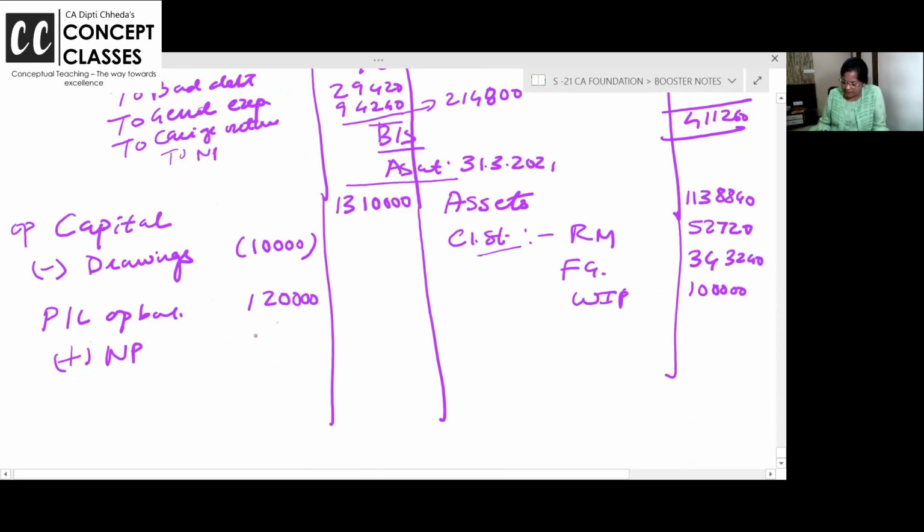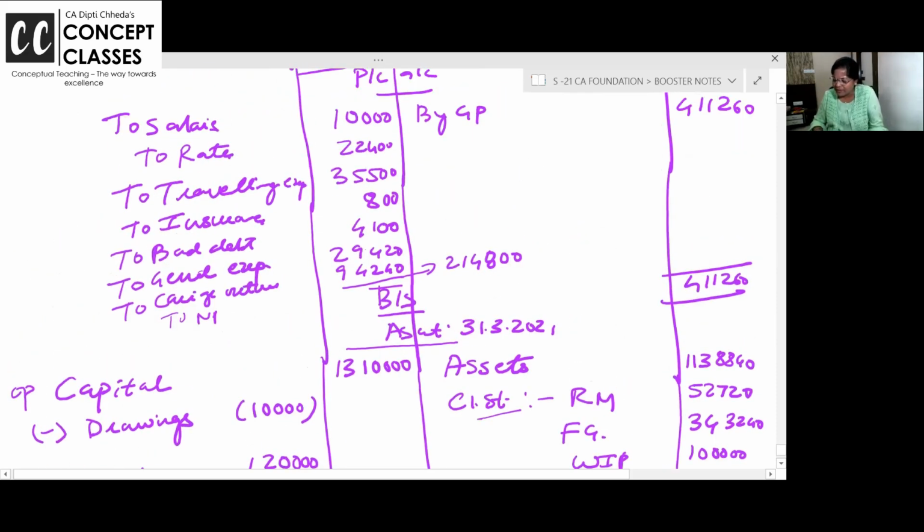Net profit is 2,14,800 and last year's profit is already there. Dear students, always we add the net profit to capital, but last year's profit also they are kept separate. So we can keep this year's profit also separate. Are you all with me?